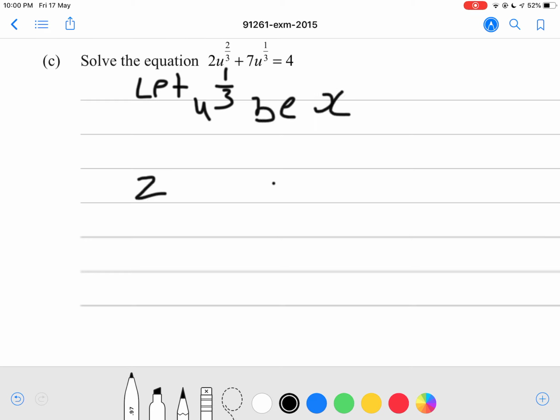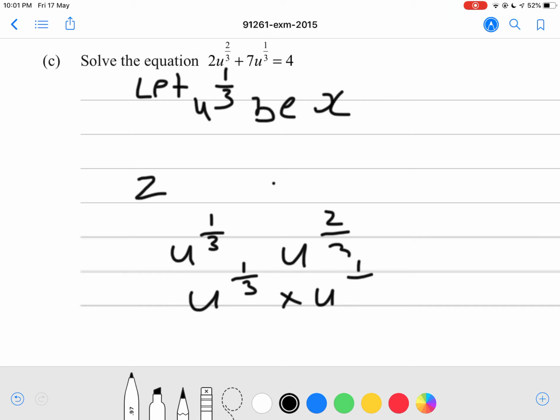So this means that 2, because it's 2u to the power of 2 over 3. Okay. And in order for u to the power of 1 over 3 to become u to the power of 2 over 3, you have to do u to the power of 1 over 3 times u to the power of 1 over 3, okay?